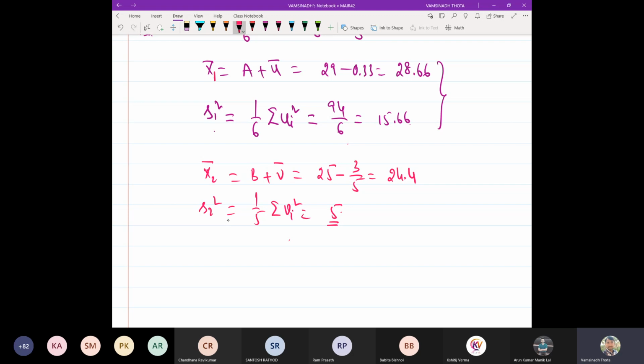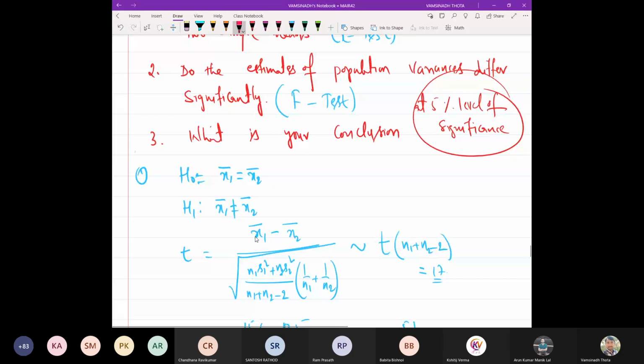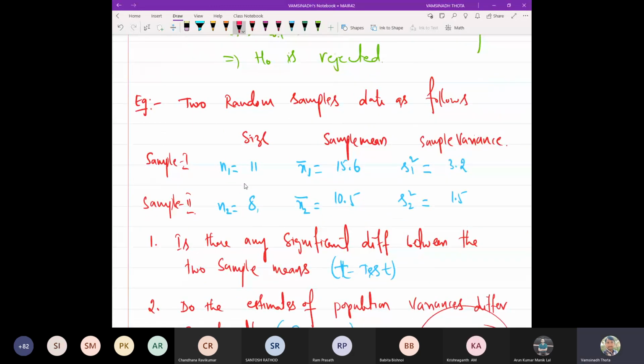Okay. Now S1 square is there and S2 square is also there. So now what to do? All the details are there now. Now you see the previous table: sample sizes are both there, sample means we have evaluated, sample variances we have evaluated.